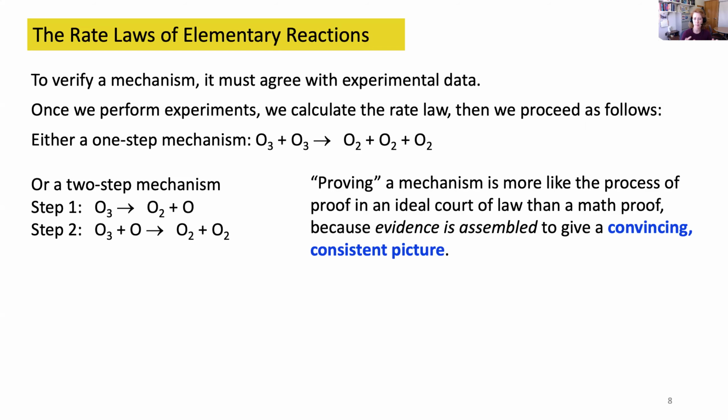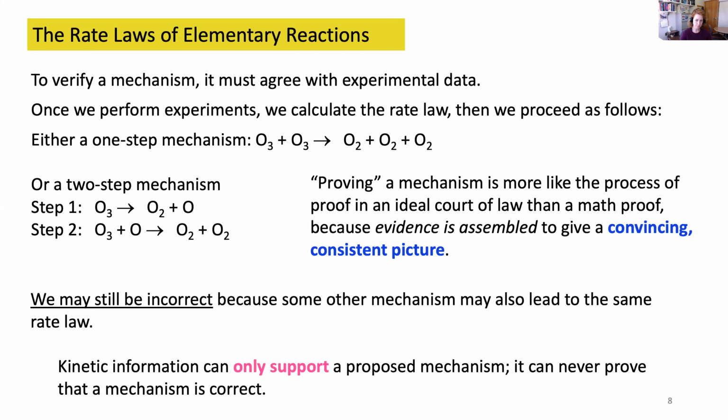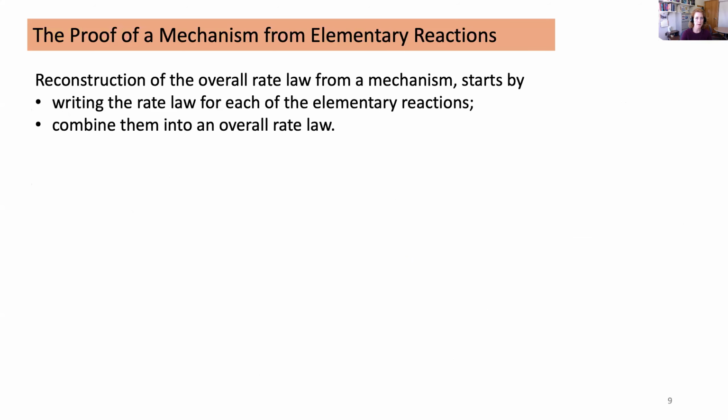Again, we're going to be collecting evidence to give a convincing and consistent picture. But we may still be incorrect because maybe two mechanisms lead to the same rate law and you can't really distinguish between them. That can sometimes be very, very hard. And so kinetic information, which is information about how rates change with concentrations, only supports a mechanism and never proves it.